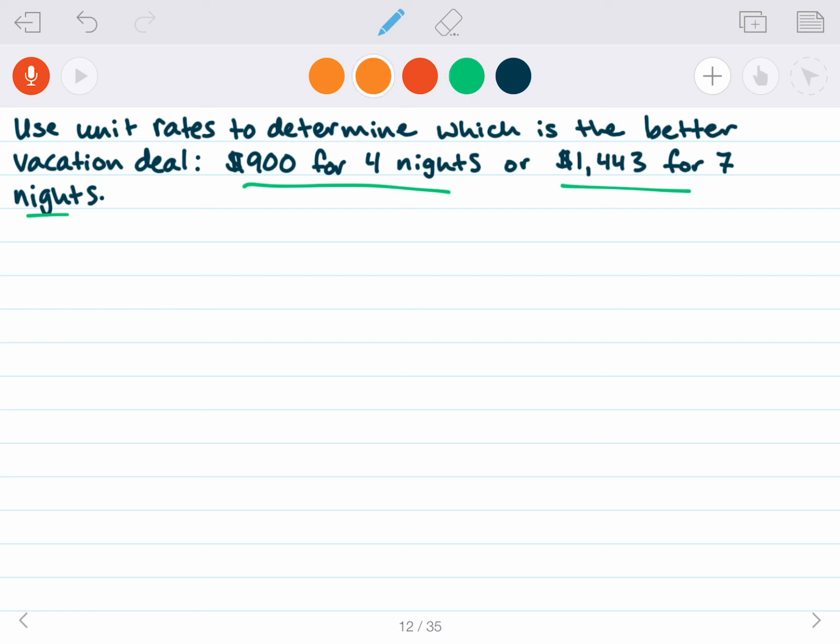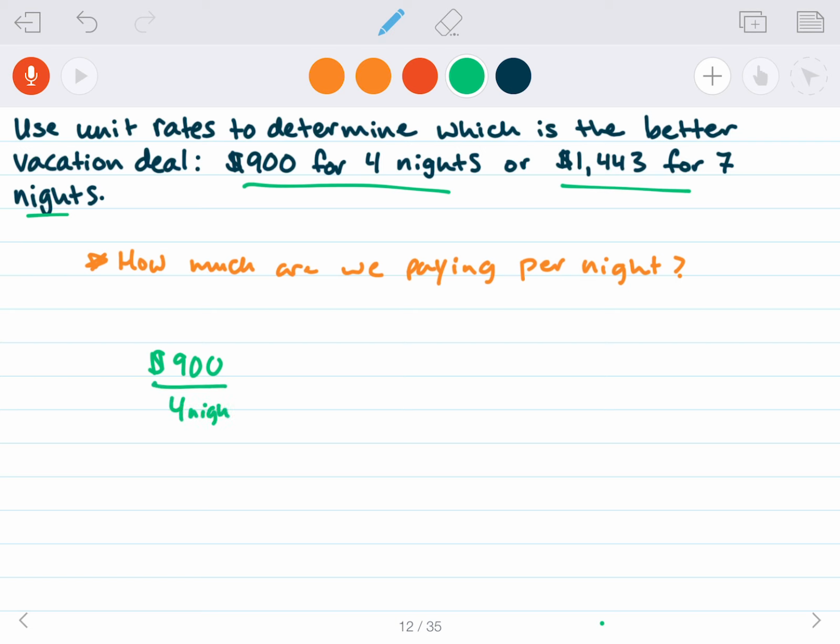And so to answer that question, we want to know how much are we paying per night? That's going to give us our answer. Okay? So, for the first one, we have $900 per 4 nights, and we want to know how many dollars for 1 night.